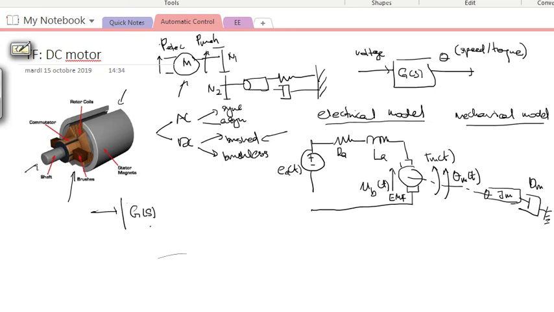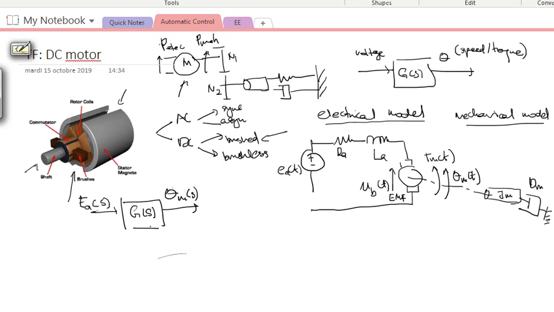I'll call the transfer function G(s). I would like to have as input the voltage of the power supply, EA(s), and I would like to observe at the end the rotational displacement, the angular displacement of the shaft, theta m(s). So this is the transfer function.